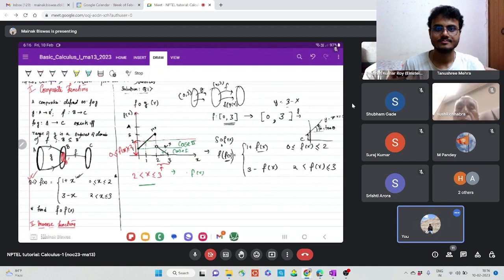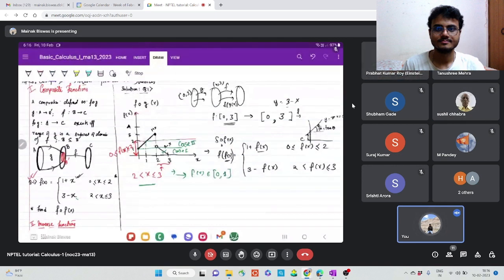To be exact, the function is between 0 and 1 for this, by the definition of 3 minus x. If it's not interactive, it becomes a bit challenging. Anyway, we'll do the second part of it.